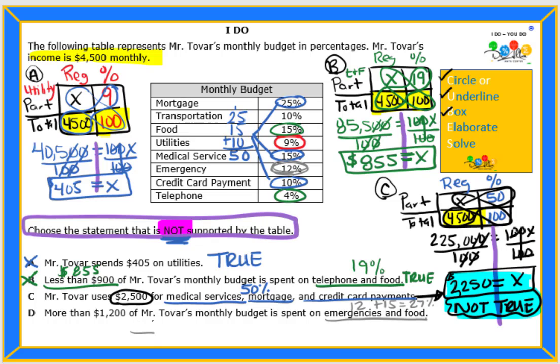And we would have the part and the total. So again, we know the total is 4,500. That's not going to change. And the same thing with the percent. That's 100%. However, the percent that we have, the part that we're interested in, is 27%.